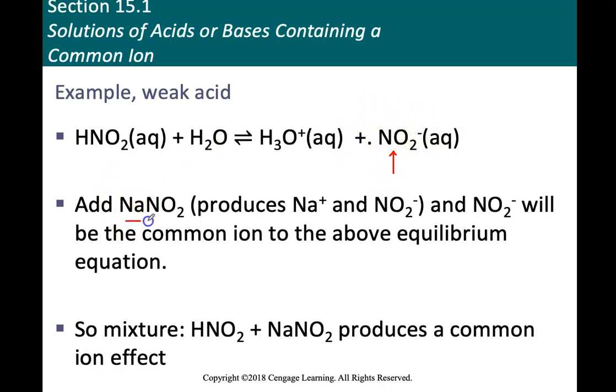That can be added in the form of sodium nitrite. Sodium nitrite produces sodium ions and nitrite ions, and this is the ion that will be in addition to what is already in existence at equilibrium. So in other words, that will cause the equilibrium to shift to the left for this particular weak acid.